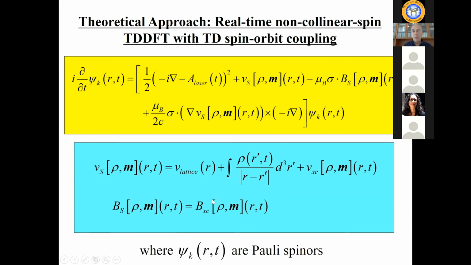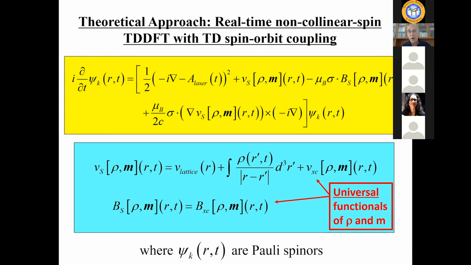And it's these two objects, the exchange correlation potential and the exchange correlation magnetic field, that are universal functionals of the density and the magnetization density. As you can see here, the vector of Pauli matrices appears. So the eigenfunctions, or in the static case, eigenfunctions in the time propagation time-dependent orbitals, are Pauli spinors, so two-component objects.